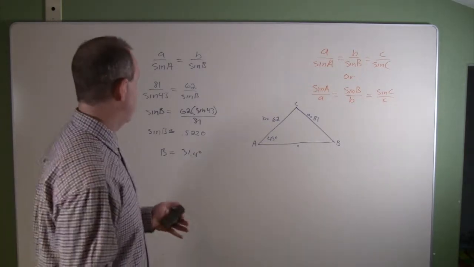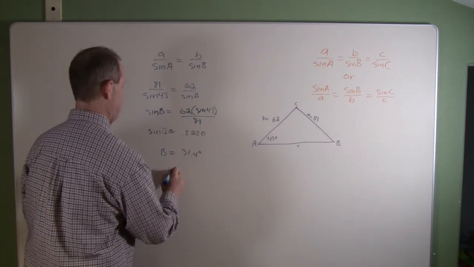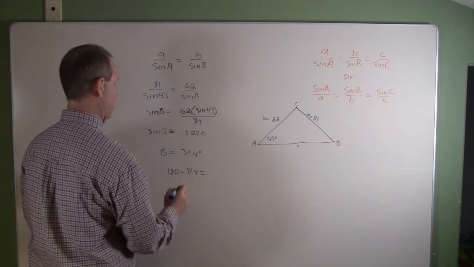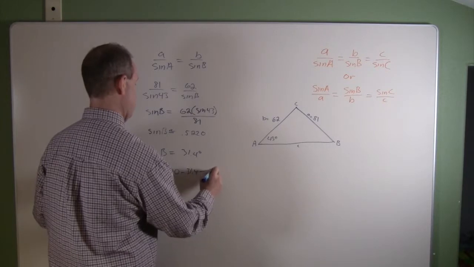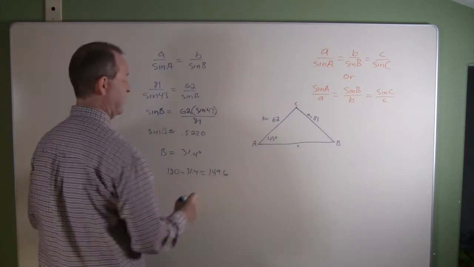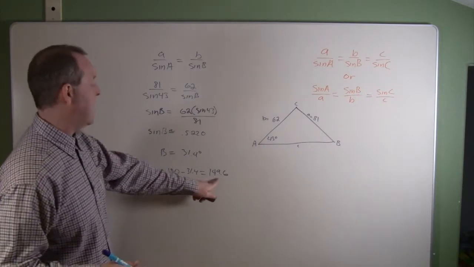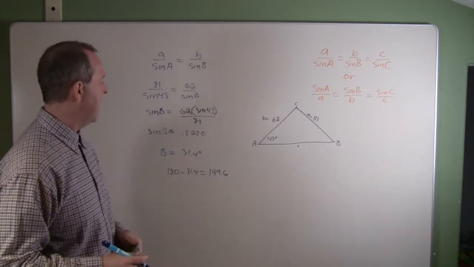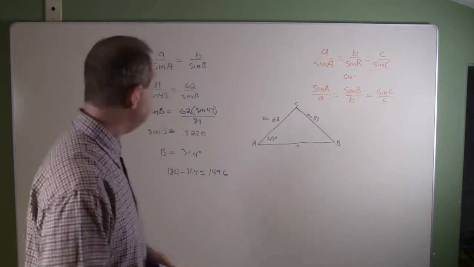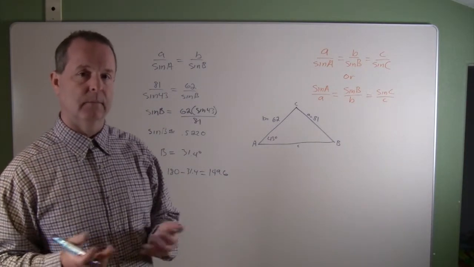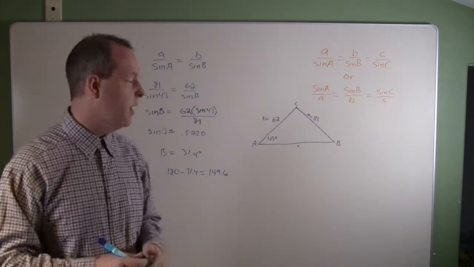But I also know that if I took 180 minus 31.4, which equals 149.6 degrees, the sine of B would also equal 0.5220. So which angle is it? Is it both? Which one?